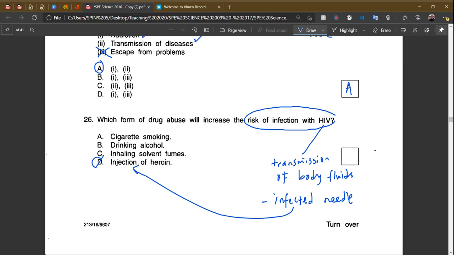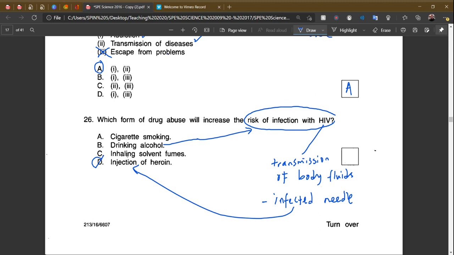Cigarettes will not lead you to HIV. It's not possible. Drinking alcohol may lead to it, but there are a lot more steps. When you drink alcohol, you cannot think properly, and it can lead to problems which lead to risk of infection with HIV, but not always.